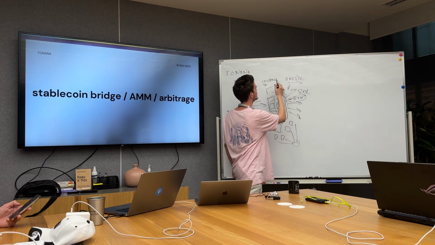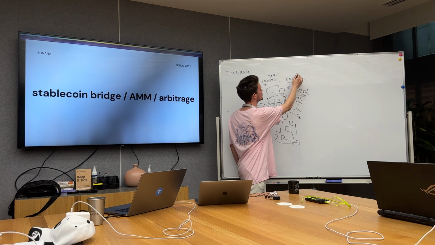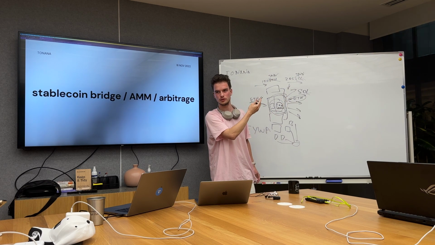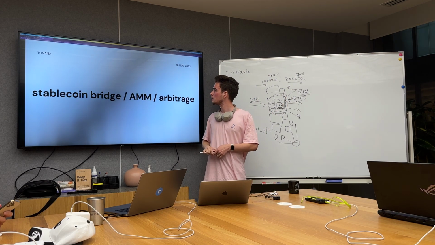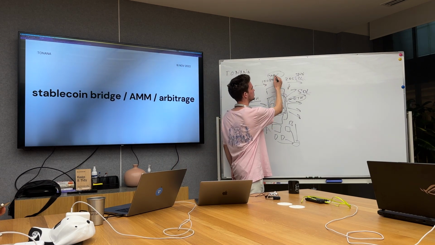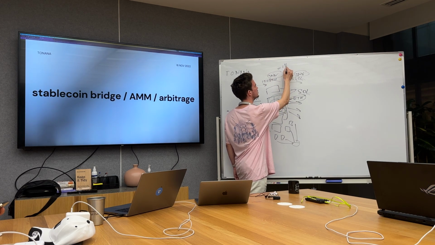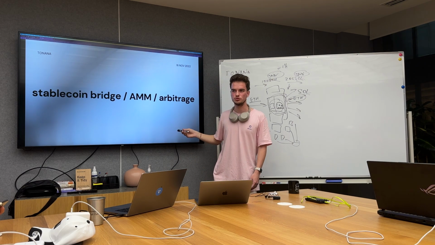I mean that you just send one token and receive the same token. Then you won't have such a problem with dollar valuation and other stuff. So that's a stablecoin bridge. If this token is a stablecoin, the same as $1 in price, that means you have a stablecoin bridge, and Ava has a solution like that in the system.